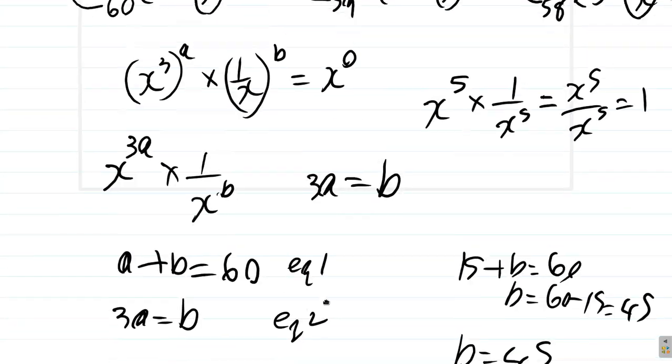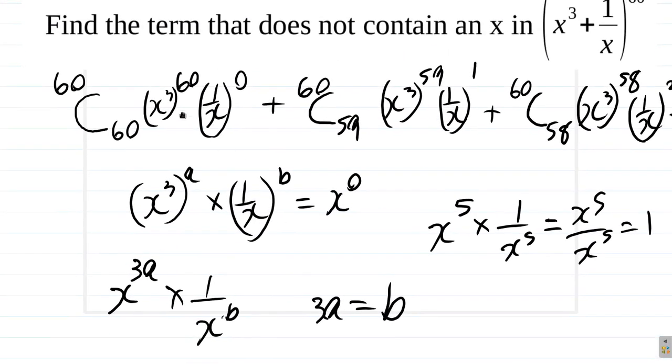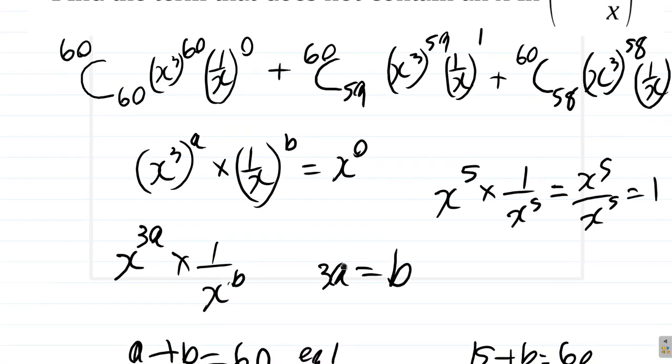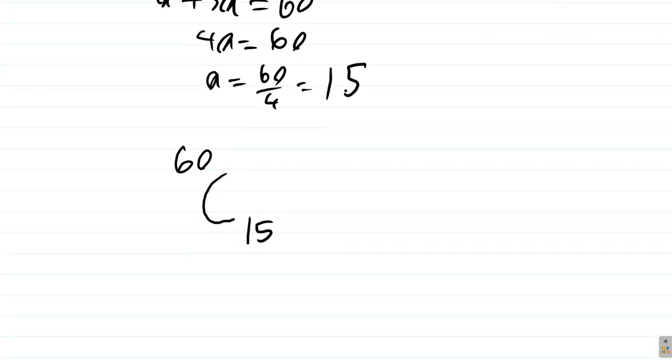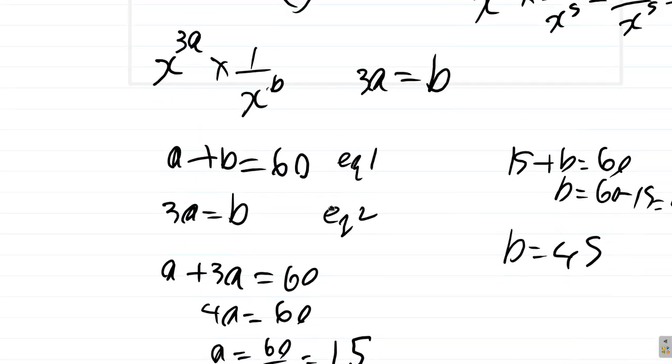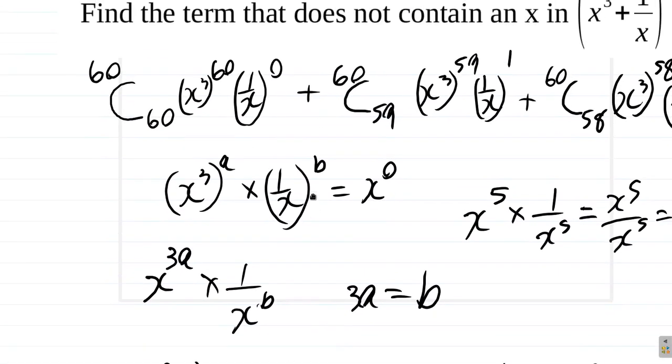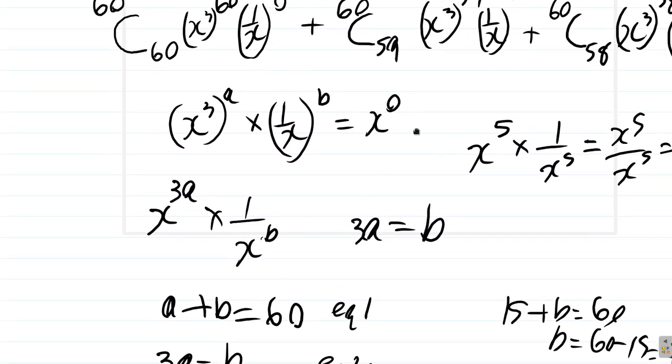Now we have x cubed to the power of a. So we have x cubed to the power of 15, and then 1 over x to the power of what remains, which is b.